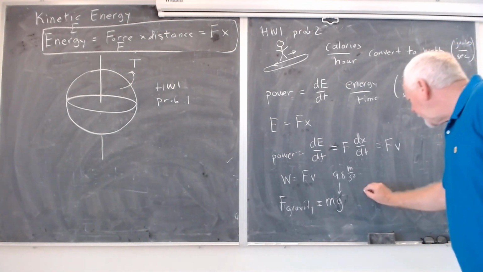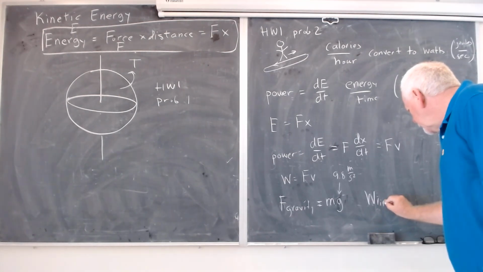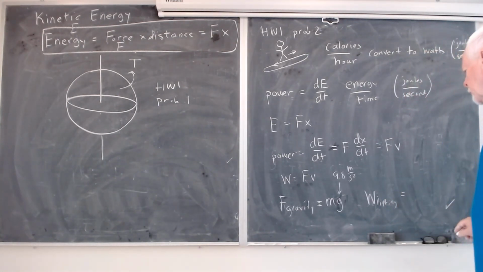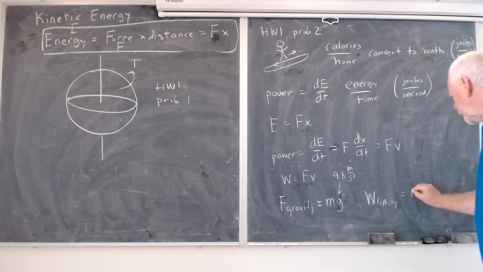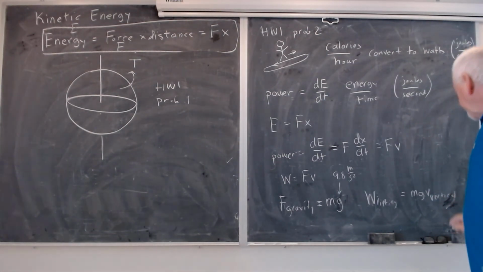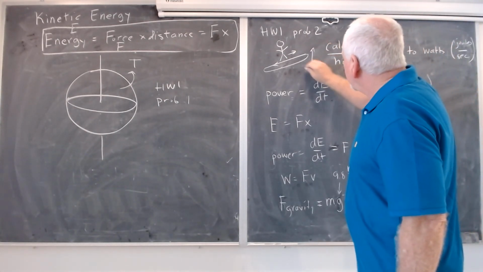So that means the power of lifting is equal to mgv, where v is in the vertical direction. So when you do the problem, you have to come up with v vertical.